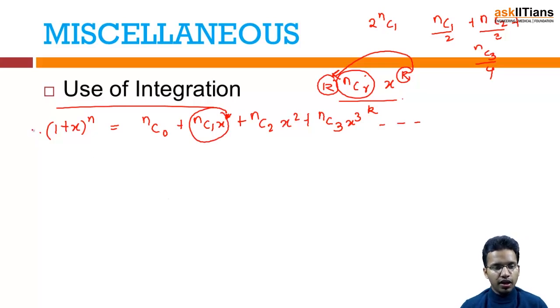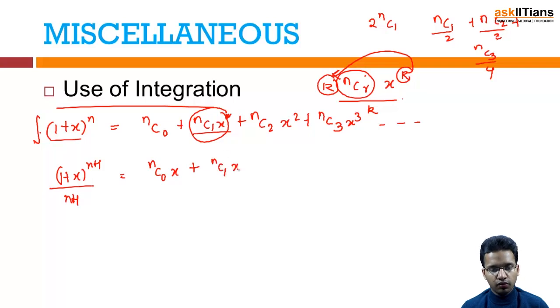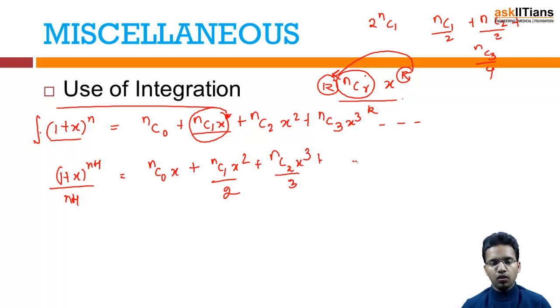So this is again very easy, what you will do is increase the power to n plus 1, and this will be nC0 x plus nC1 x square by 2 plus nC2 x cube by 3. This will go like this, and once you substitute x as 1, you are getting this form, whatever is required.